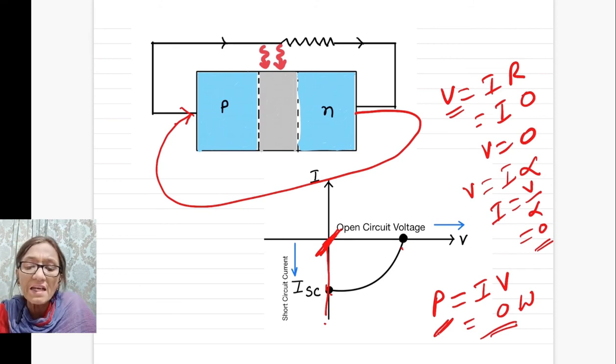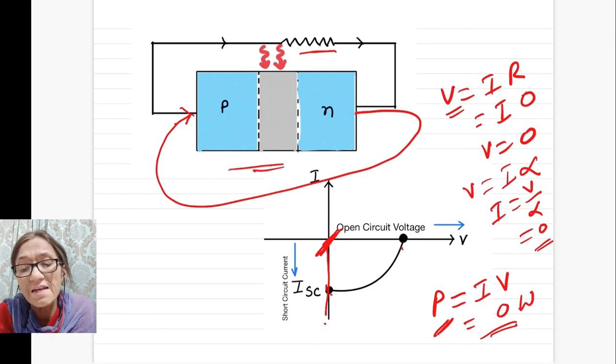So for obtaining power, you should have a moderate value of resistance. You cannot apply a very large resistance because these are very sensitive devices. They cannot sustain very large resistances, and therefore we connect devices with very small resistances like electronic devices, or we can save this energy in auxiliary batteries.